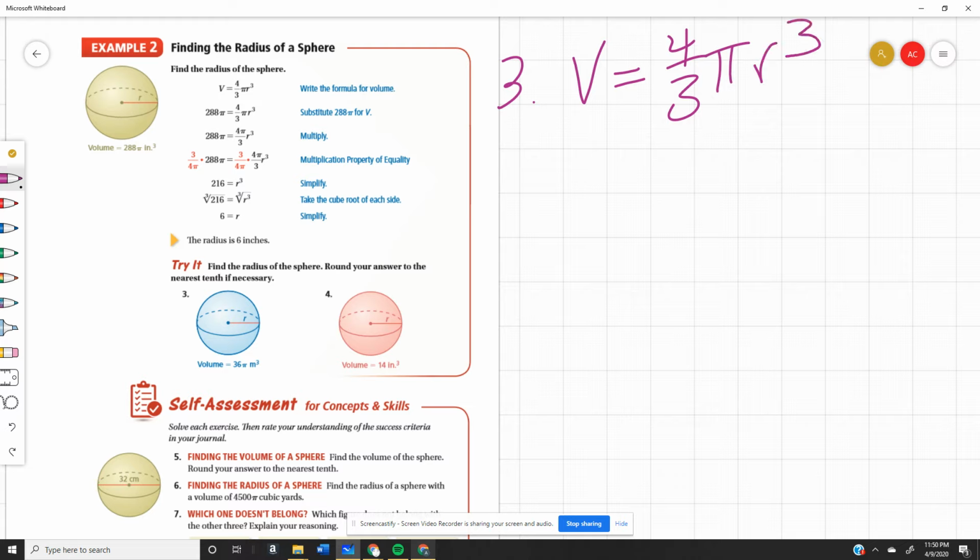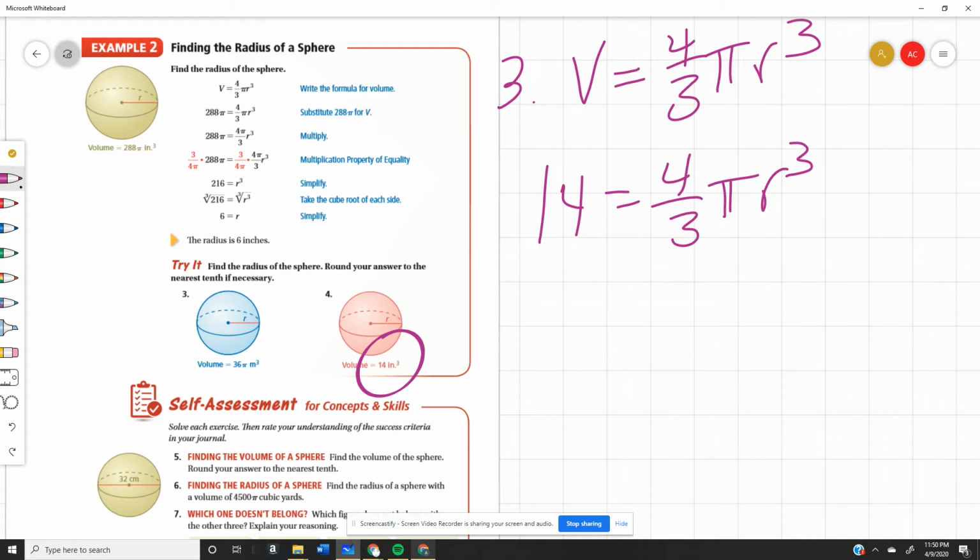This is my formula. They tell me here that the volume is straight up 14. No pi. That means they solved it in terms of pi. So on this one, I have to keep the pi in because this 14 right here is just 14. It's not 14 pi. So I'm going to multiply by 3/4 pi because that's the reciprocal of that.